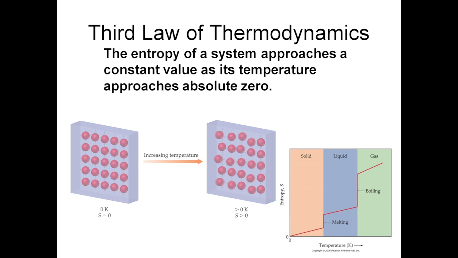So, the third law states you can reduce a single object's entropy level by cooling that object down, and hypothetically, if you could cool that object to absolute zero, you would reduce its entropy level to zero. Now, the problem with the third law is that in order to reduce that object's thermal energy level, you had to take thermal energy out of it, and that thermal energy still exists.